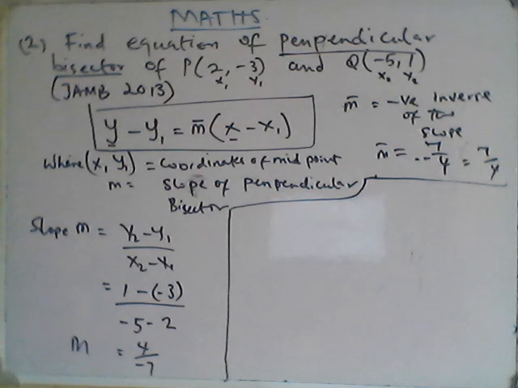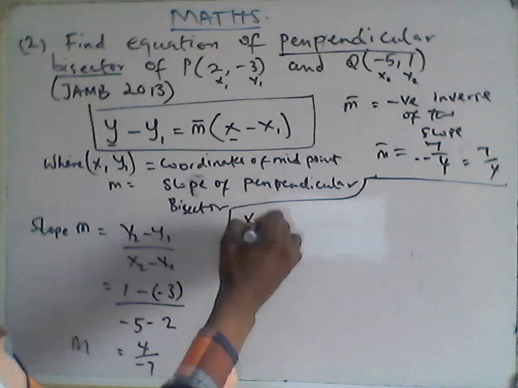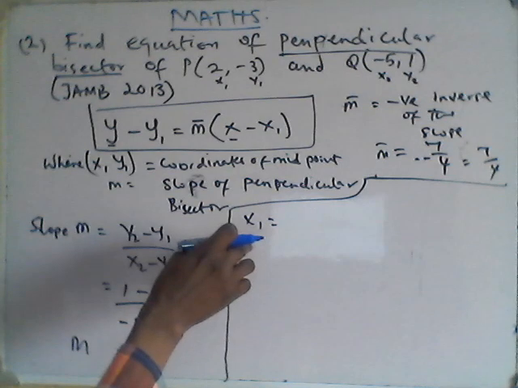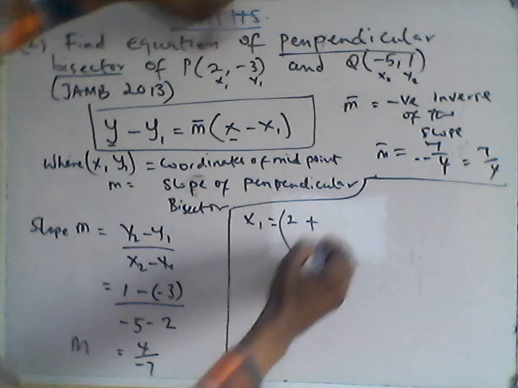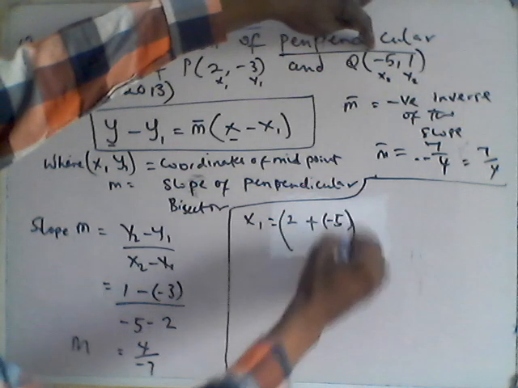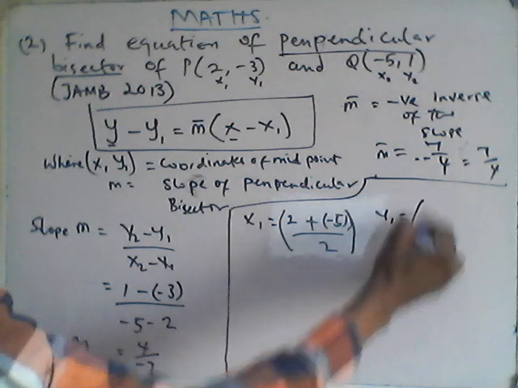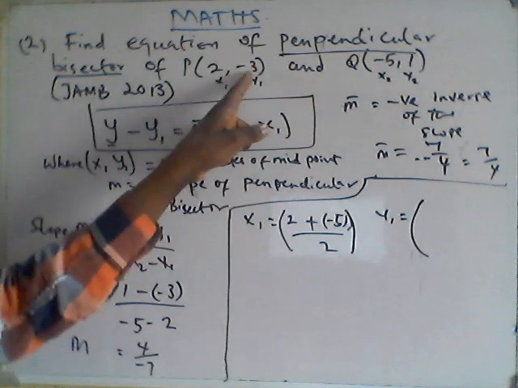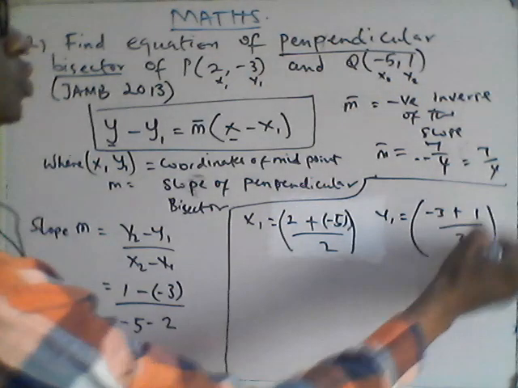So let me just put it, coordinates of the midpoint, right? So x1 is equal to, how do I get the midpoint? Yes, this particular one here, 2 plus minus 5 all over 2, and y1 is equal to minus 3 plus 1 all over 2.